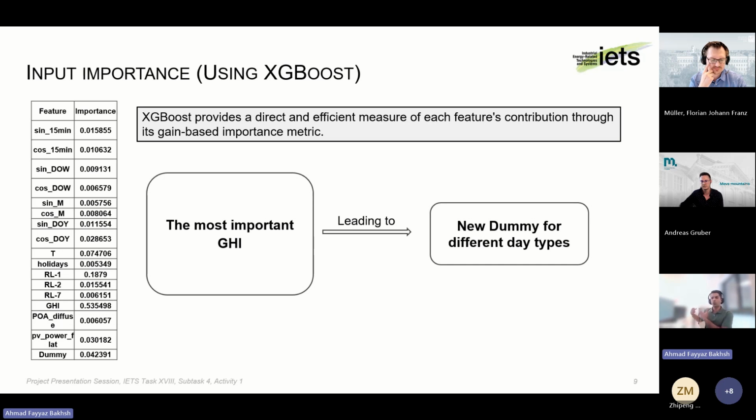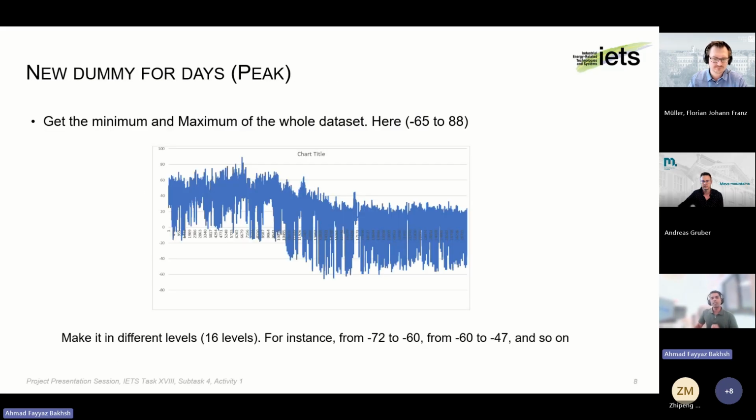If it's month 2, put this, and so on. But what we are doing is for every specific day. So every day has its own dummy variables. When we say we have different levels, it means day ahead we have this.